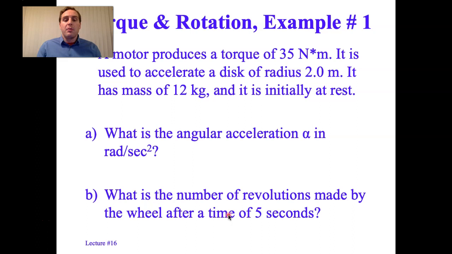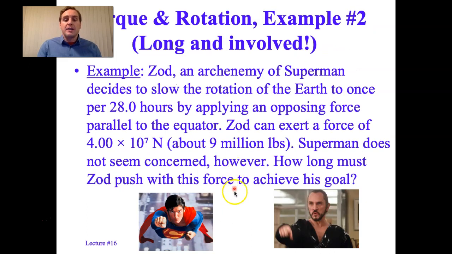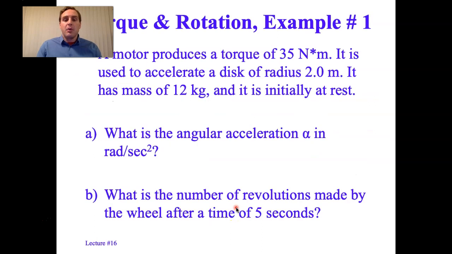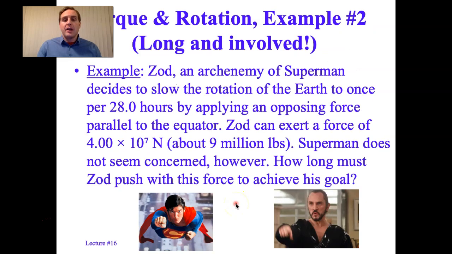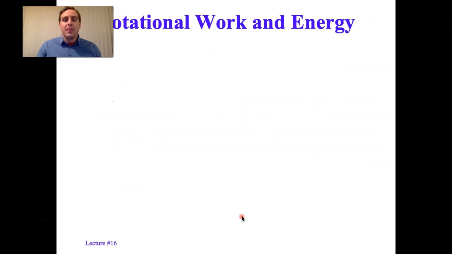So I will perform this example in a later video, as well as this example. Notice that the first example will be a basic motor, seeing how angular acceleration arises from torque and rotational inertia, and we can relate that back to rotational kinematics, and this relates to rotational kinematics as well, and we'll see how Superman and General Zod got along or didn't get along.